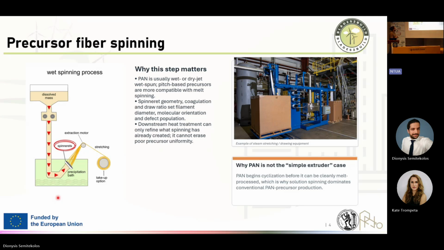But for some polymers that cannot be melt spun, and this is related to their properties and how they react when we heat them, we might need a different process like this one, which is called wet spinning.